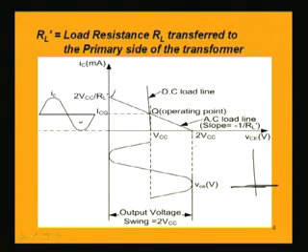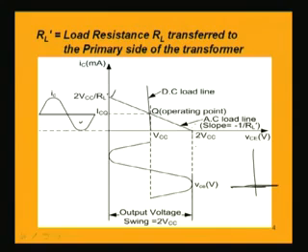VCC by RL dash was here, and the total, twice VCC by RL dash, will be the peak of the collector current. The AC load line has a slope of 1 by RL dash, but in the negative direction, as you can see from the AC load line.